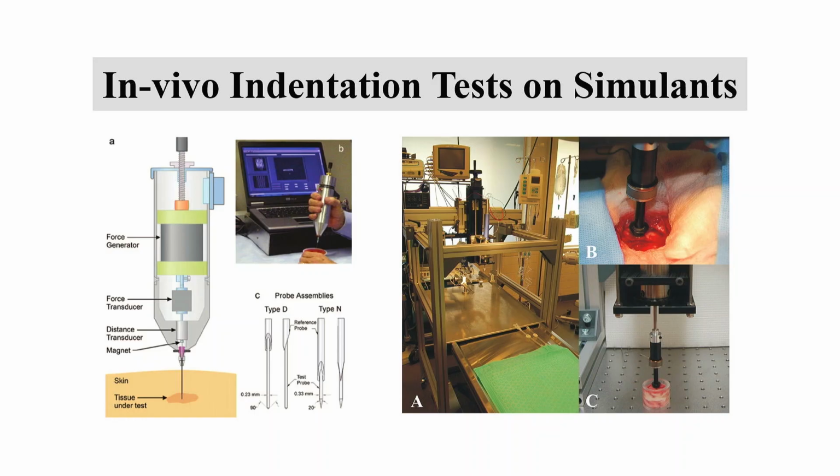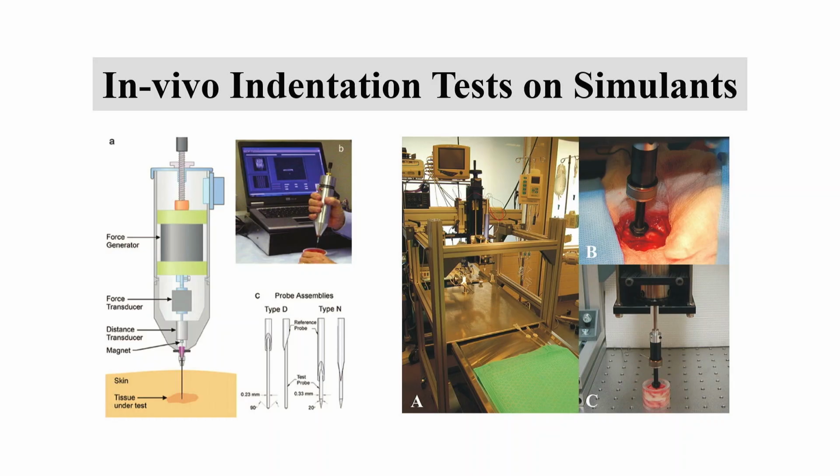So this is a typical indentation test where, let's take a look at the figure on the left, you're looking at a force generator, force transducer, almost like a needle, like a syringe. Then you're looking at a distance transducer. So within the syringe itself, you have a lot of micromechanical devices which are packed.